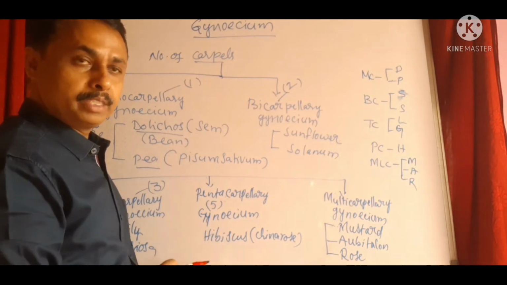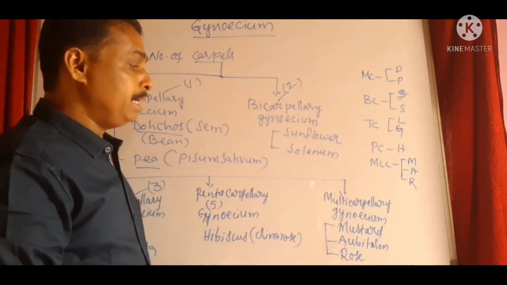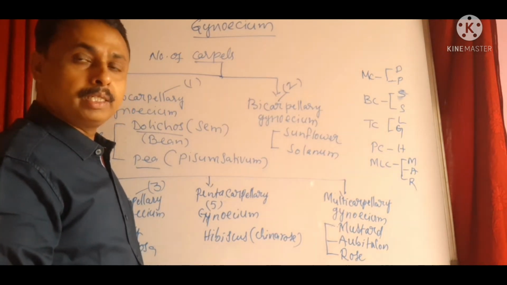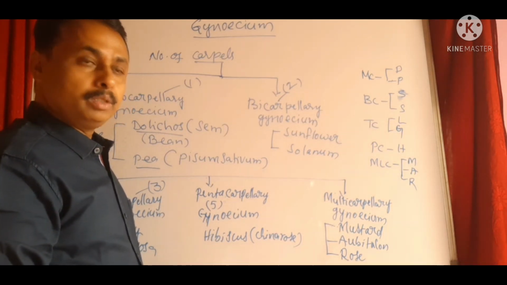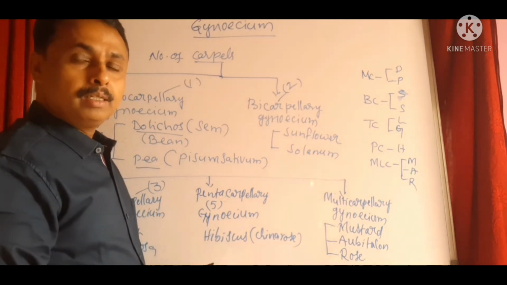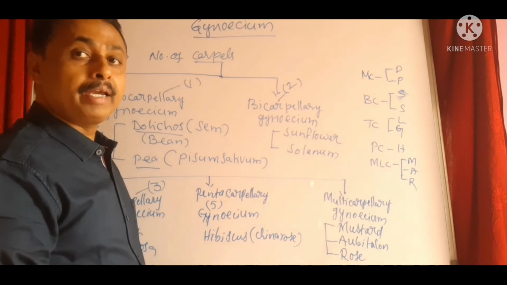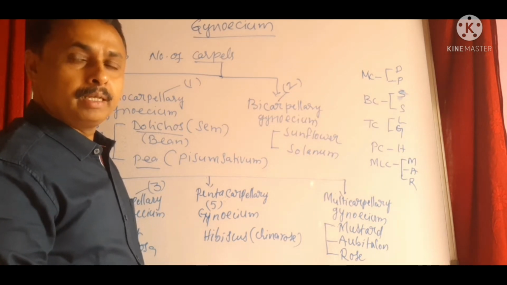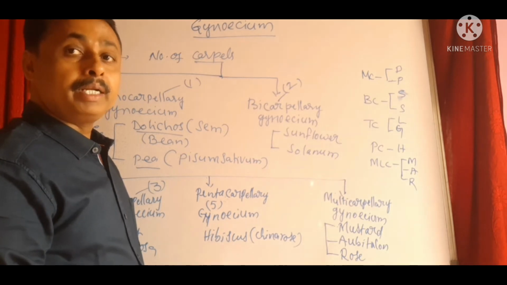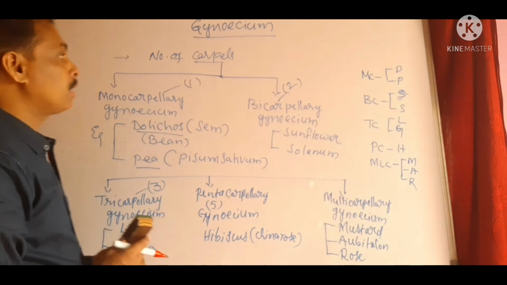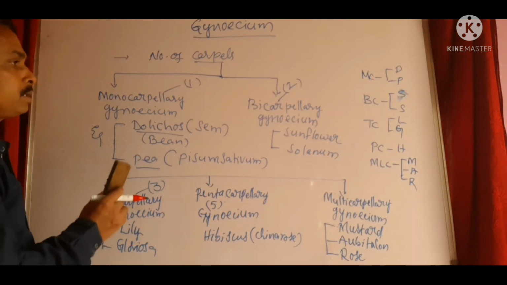Multicarpellary: mustard, Abutilon and rose. If the number of carpels is more than five, it is known as multicarpellary gynoecium.